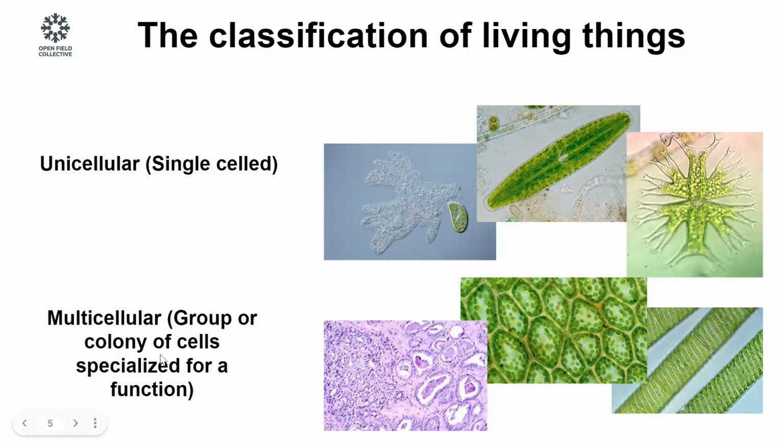However, we know most of us are multicellular, right? We are multicellular organisms because our skin, our organs, everything is made up of multiple cells that are stacked together. It's like bricks coming together next to each other and forming a whole organ or an organism. However, a lot of algae are also multicellular in nature.